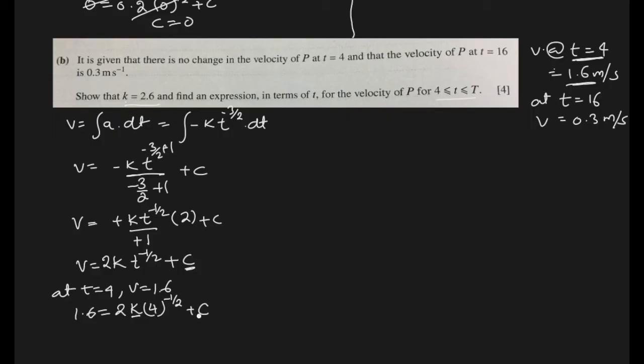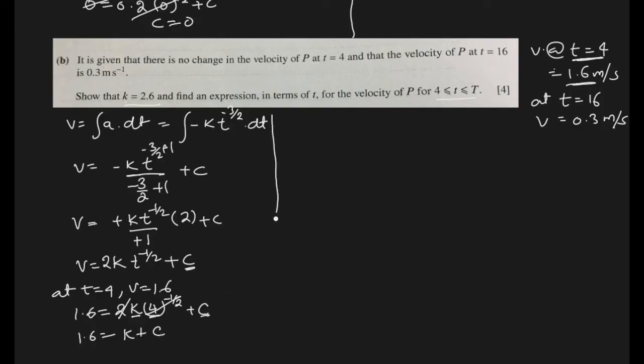So we have two constants here. We have to evaluate them, but let's see. Yes, it can be an equation. 1.6 equal to 4 to the power minus half, which is 1 over 2, and that 2 and 1 over 2 cancel out, so k plus c.